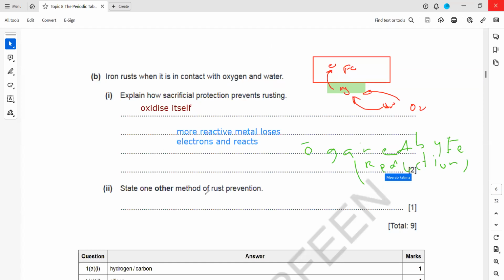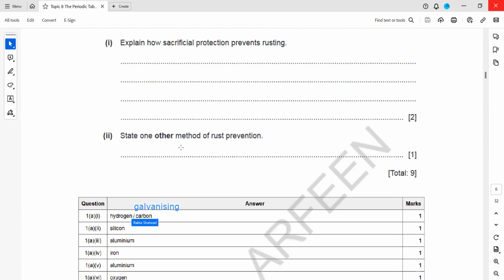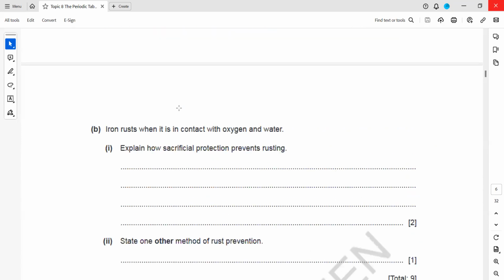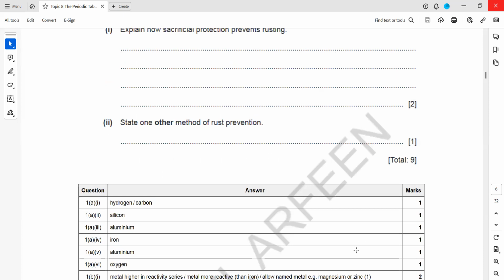State one other method: we can use galvanizing, or we can also use paint. Yeah, galvanizing is correct. In the marking scheme answer, a more reactive metal, any metal you can name, oxidizes or reacts and it prevents rusting. It's a 2-mark question. The same question they can ask as 4 marks, and in that one you have to write the detail in terms of movement or transfer of electrons as well.